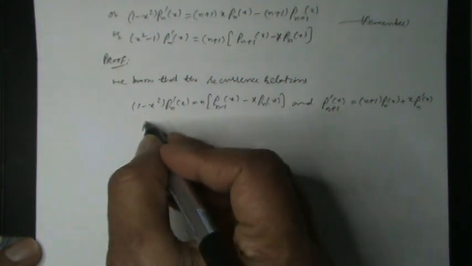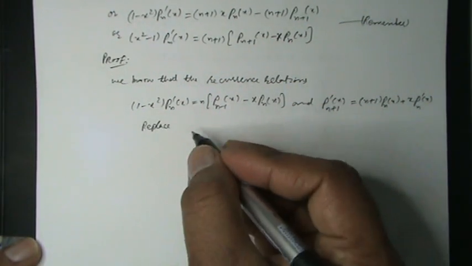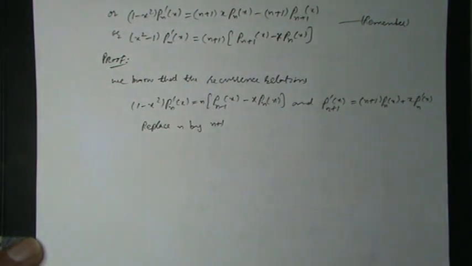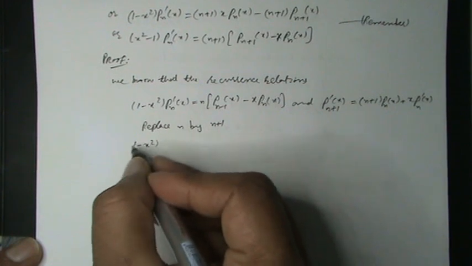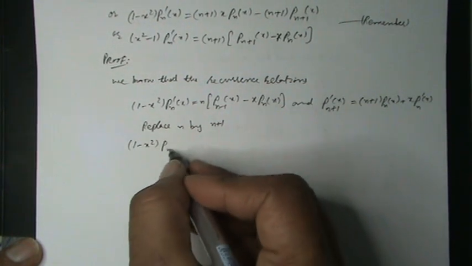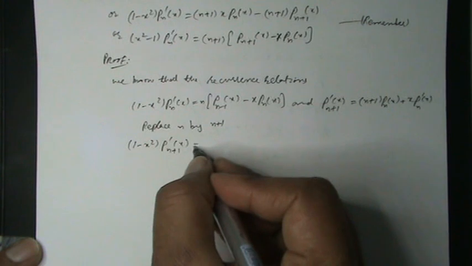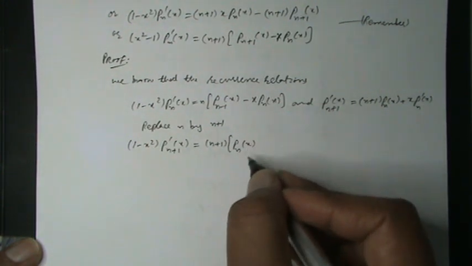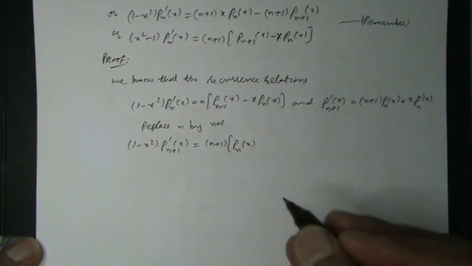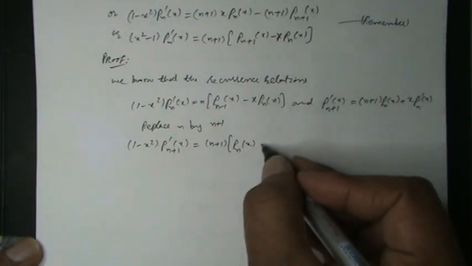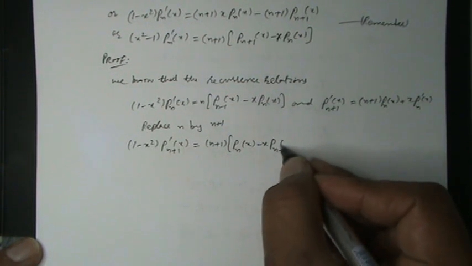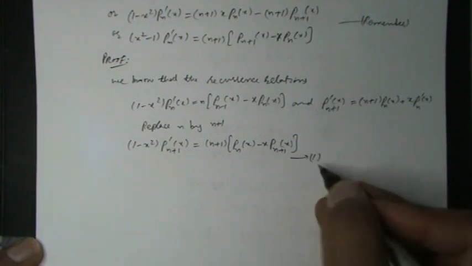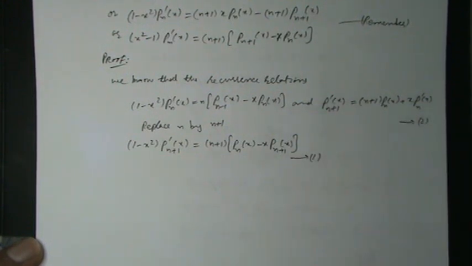In the first formula replace n by n plus 1. We have (1 - x²) Pn+1'(x) = (n+1)[Pn(x) - x Pn+1(x)]. Equation number 1, and this is equation number 2.